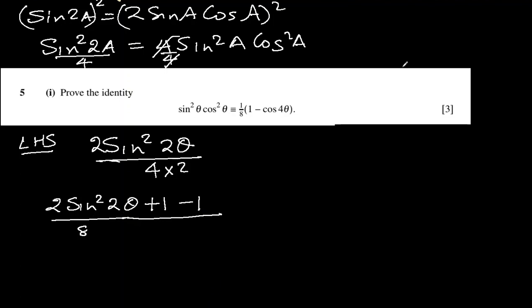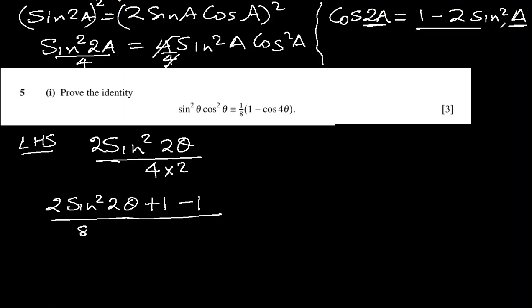And this is going to help me because there is one more identity, which is cos 2a equal to 1 minus 2 sine square a. This angle is double of this angle. Now look at this right hand side in this identity. Look, doesn't it match with this? 2 sine square 2 theta minus 1.